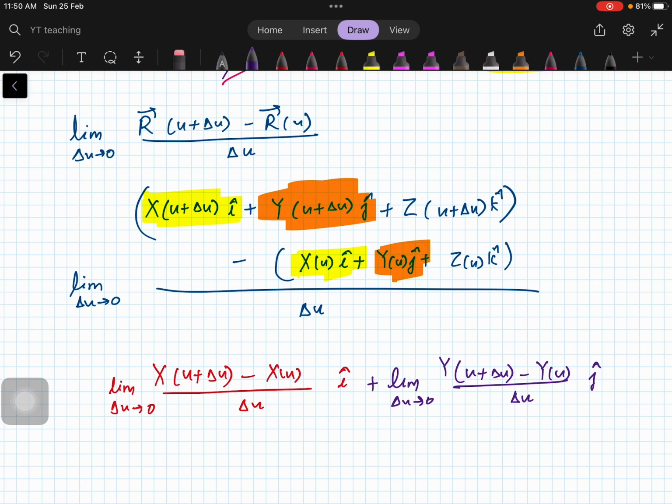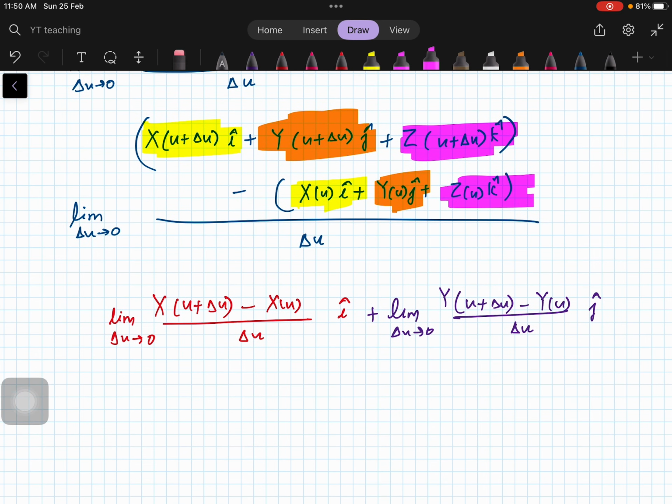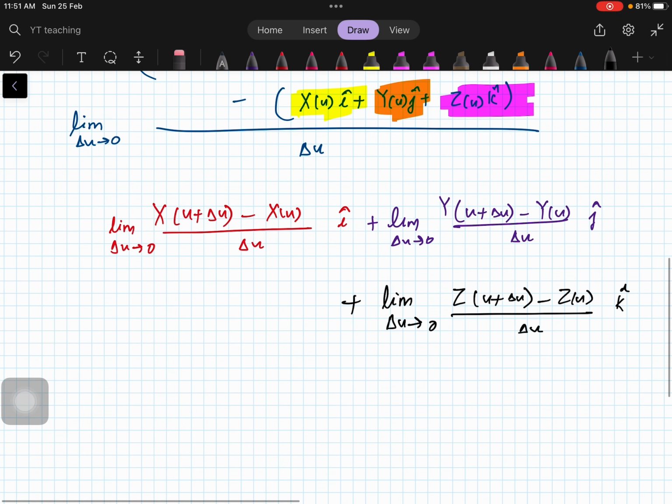And the same thing I can do with the k cap terms. So if I do this for the k cap terms, that would be limit del u going to 0, z of u plus del u minus z of u divided by del u, k cap. Right? Now, students, what is this? Can you tell me? Just forget about i cap.